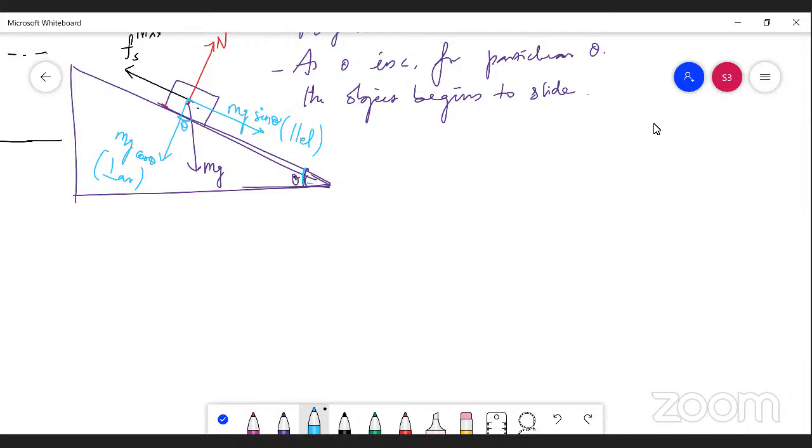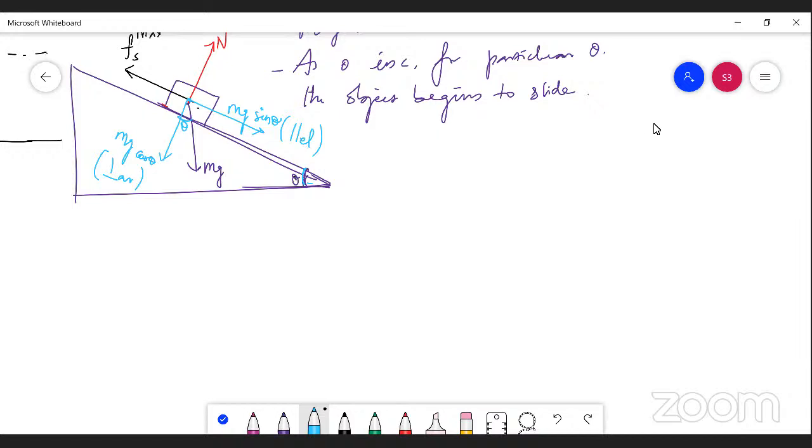This mg sin theta component acting on the block is made equal to Fs maximum when this theta is at the angle of repose. When theta is at the angle of repose, mg sin theta will be equal to Fs maximum, which means mg sin theta is now capable of making the object slide down the inclined plane.